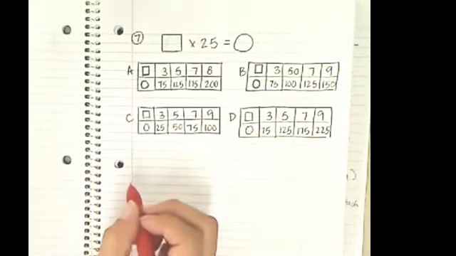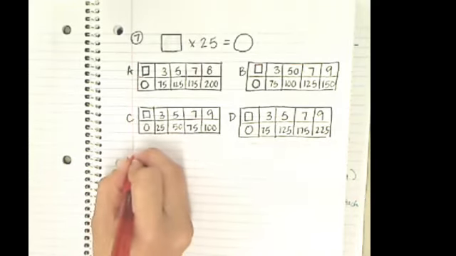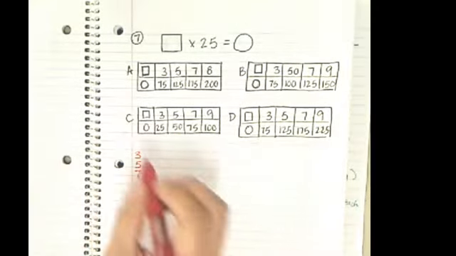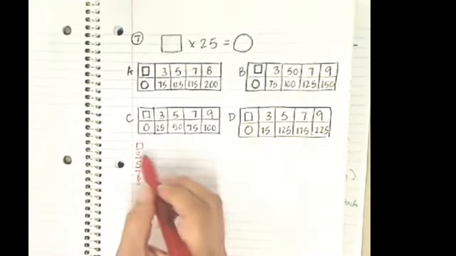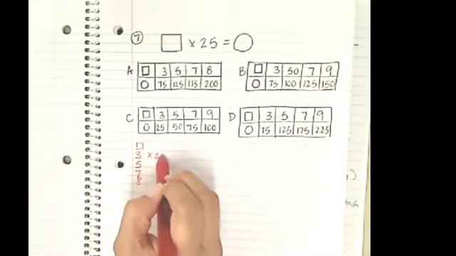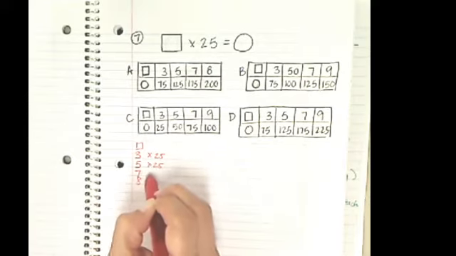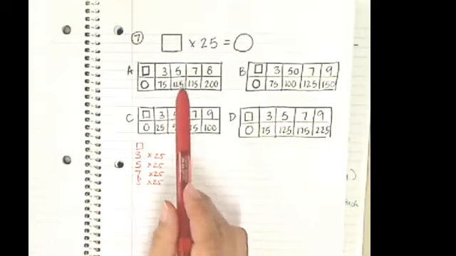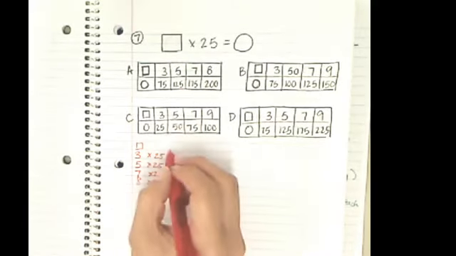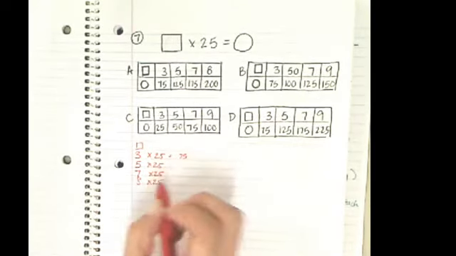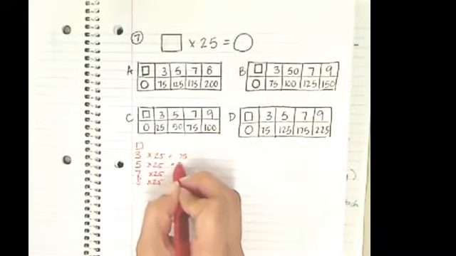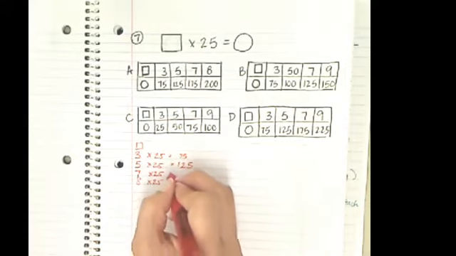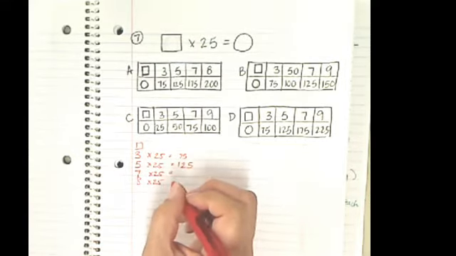A has these values for square. I have 3, I have 5, I have 7, I have 8. Okay? So it's saying that I can take all of these and multiply times 25 to get the value that is circle. 3 times 25 is 75. 5 times 25 is 125. 7 times 25 is how much?